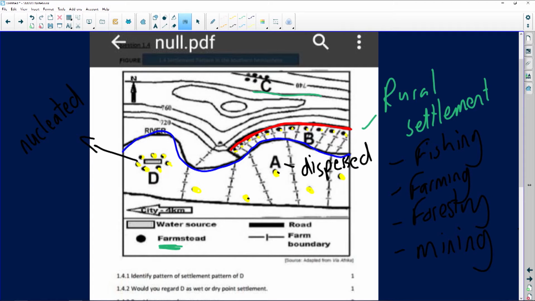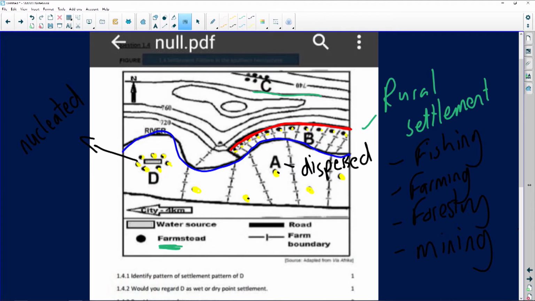Now if you think of products that's being produced by farmers, it's usually perishable. What does perishable means? It means they can go off. For instance, the farmers at area B might be farming perishable goods such as tomatoes, bananas.